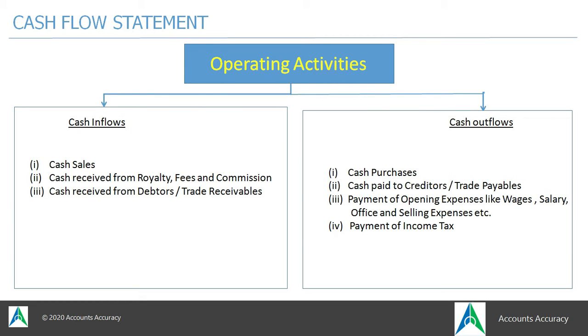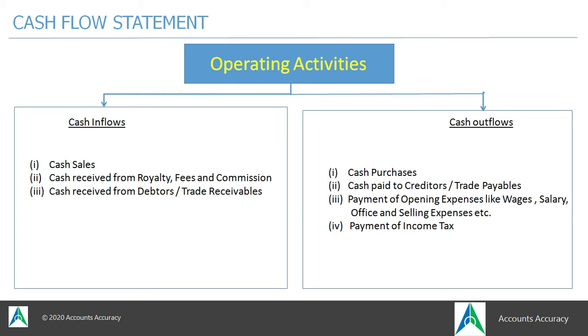So come to next, what is operating activity? The first one, operating activity, basically includes all those activities which are involved in the manufacturing process. Such activities are like wages, salaries, office and selling expenses.